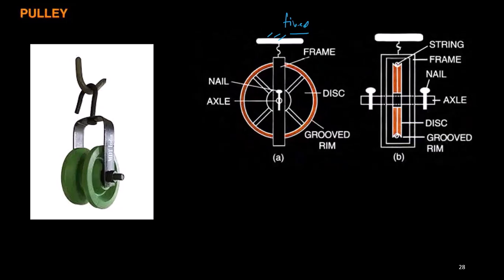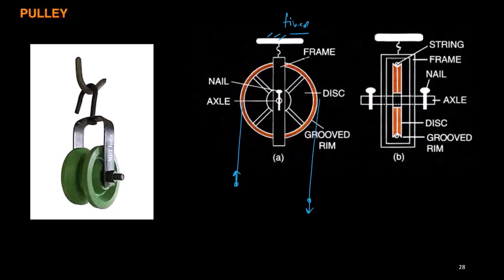Once I allow the rope to pass over this pulley, let us say this is a rope. If I pull this part in the downward direction, then essentially this part will move upward. One end of the pulley is moving downward, which means the other end is moving upward, and that is always true for the fixed pulley. But that doesn't mean it is the same for a free pulley.